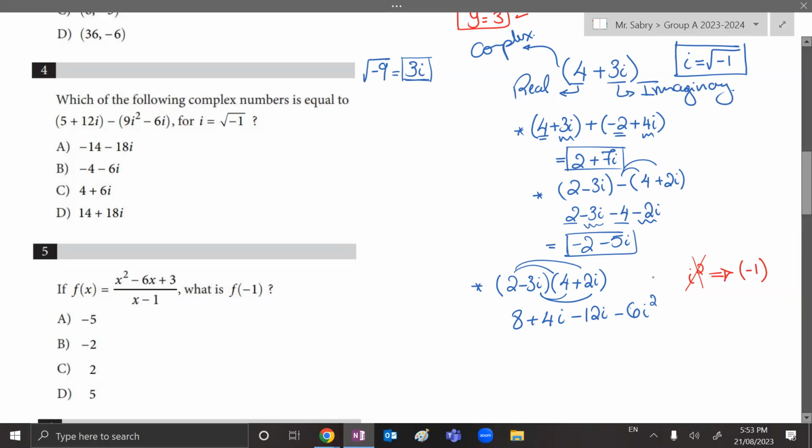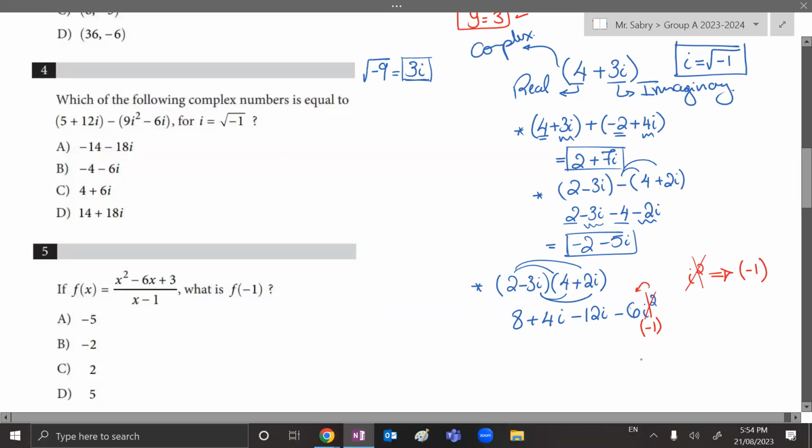So we'll remove entirely the i squared and put -1 in its place, which means this will be crossed out and instead, it would become -6 times -1. In other words, we switch the sign right before the i squared. Because this will remain as 8, and this will remain as 4i, and this is -12i. But now, -6 times -1 is +6.